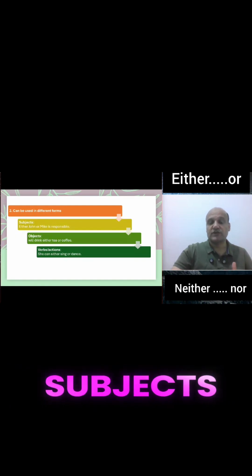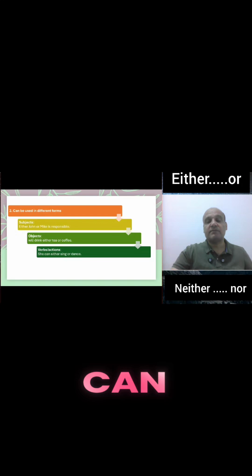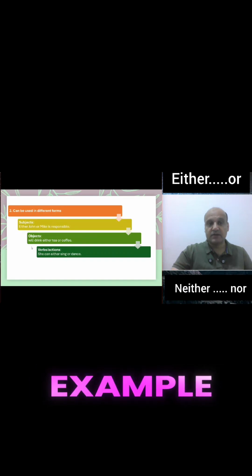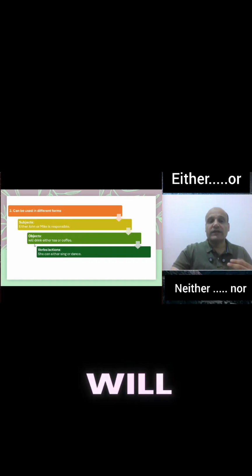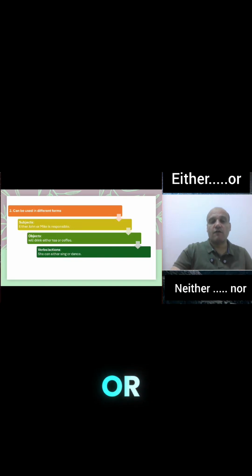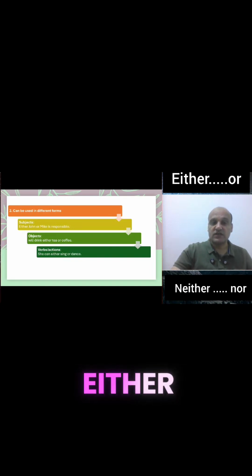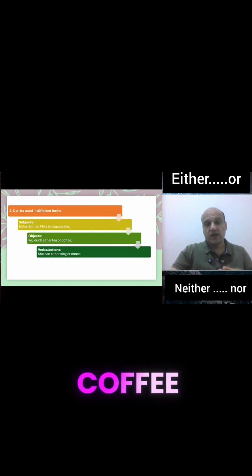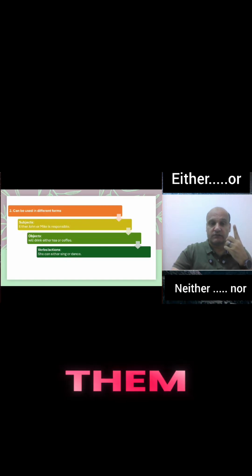Also, either or can be used to join two objects. Look at this example. I will drink either tea or coffee. Here, there are two objects, tea and coffee. Here, I have to choose only one of them.